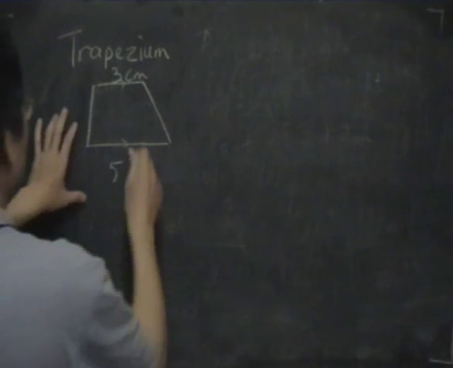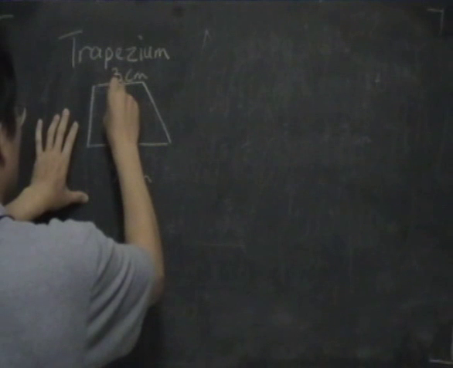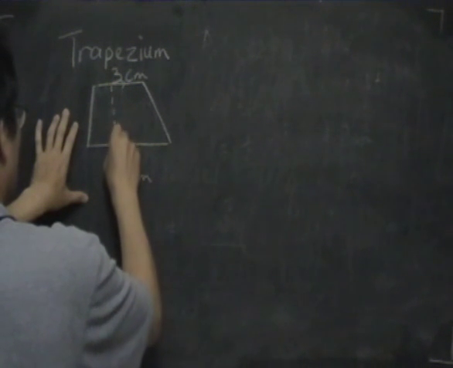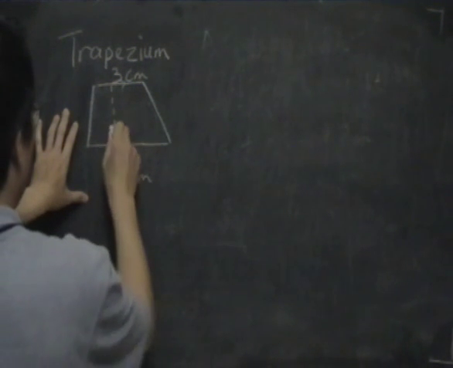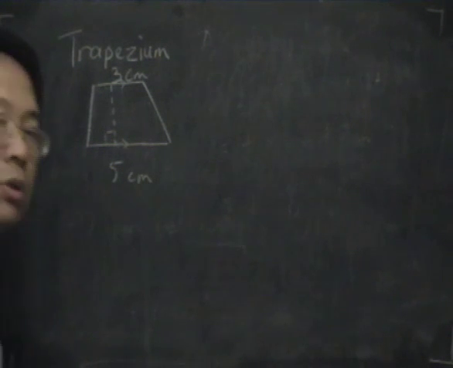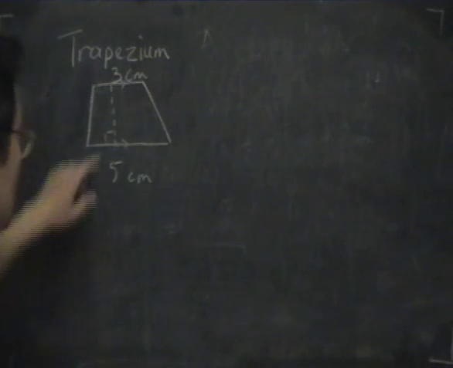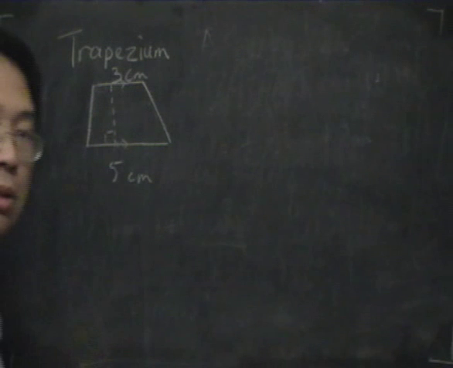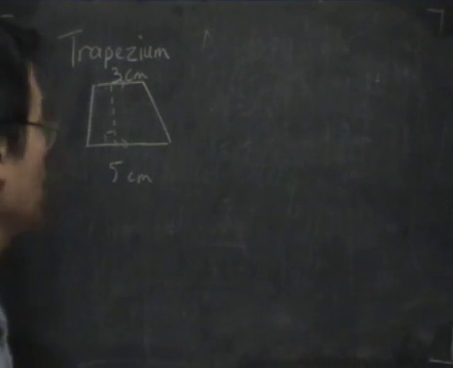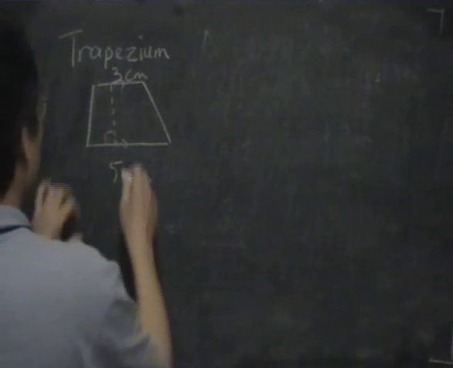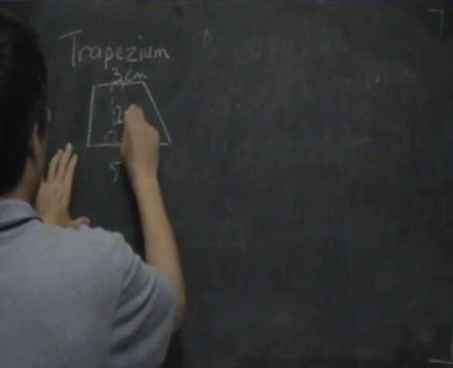The distance means that you draw a line at right angle to each side, and the distance along that line is the distance we need. So let's say that's 2 centimeters.